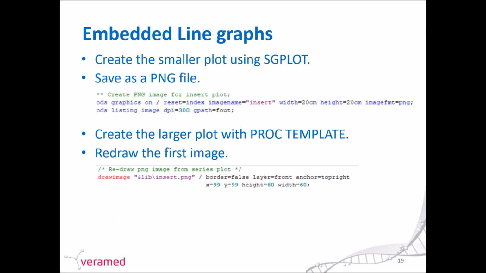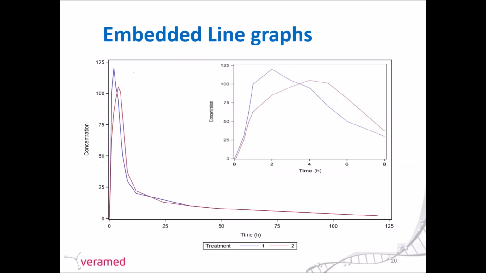So this is the key bit of code for this graph, the draw image. You see it's quite simple, just one line of code really. Then to produce our overall plot, we call back that proc template with sgrender, and this is our output. Now what we have is a PK plot where we can see the overall picture and investigate what's going on in the first 8 hours of our PK profile.